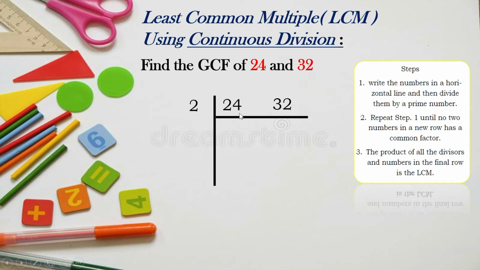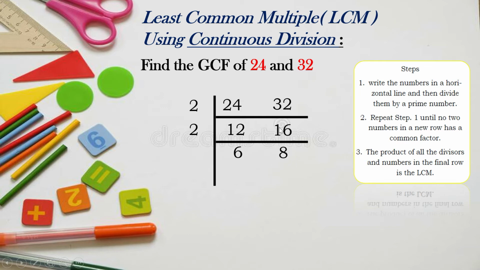So, 24 divided by 2 is 12. 32 divided by 2 is 16. And then, again, 12 and 16 we divide by 2. 12 divided by 2 is 6, and 16 divided by 2 is 8.